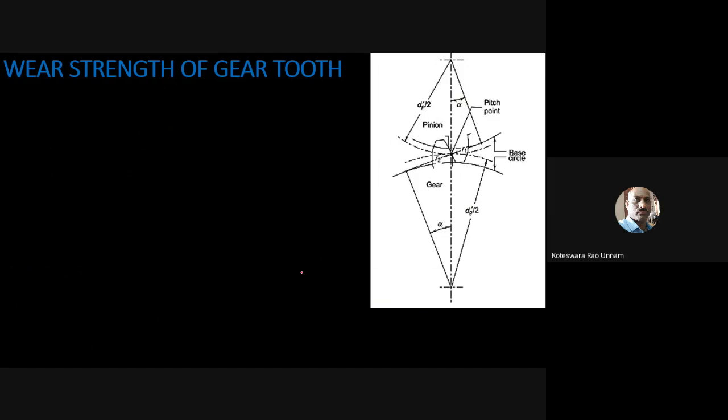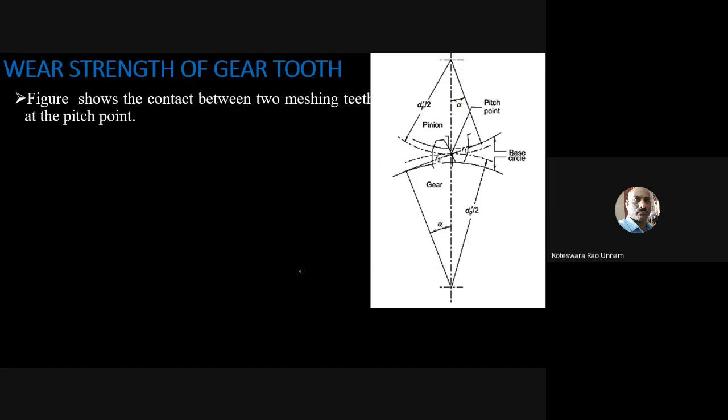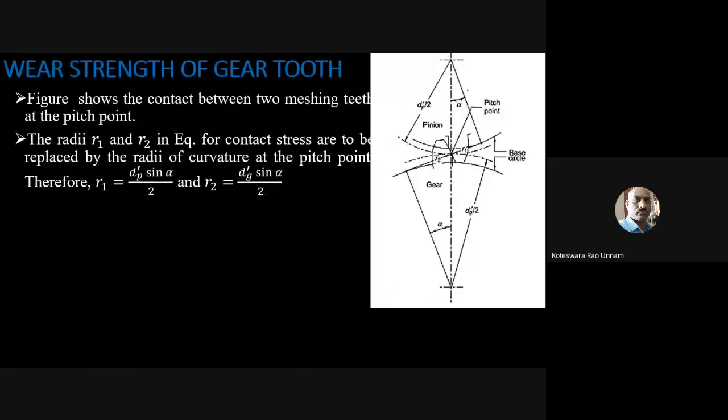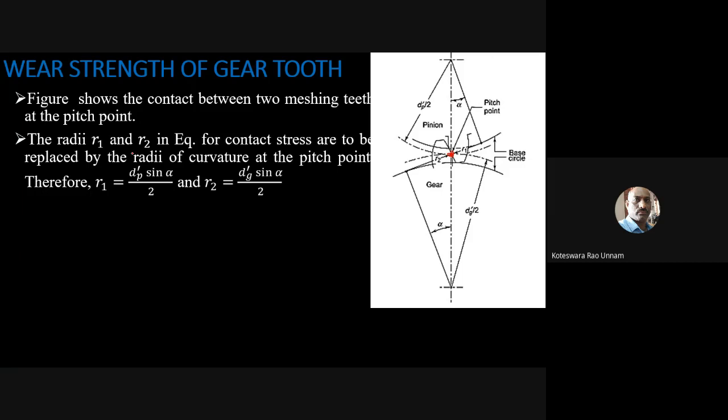Now to compare our problem to that, these are the two contacting gears and they meet at the pitch point here. The radii R1 and R2 in the equation for the contact stress are to be replaced by the radii of curvature of these two gears. Here R1 is the radius of curvature of the pinion, and R2 is the radius of curvature of the gear.